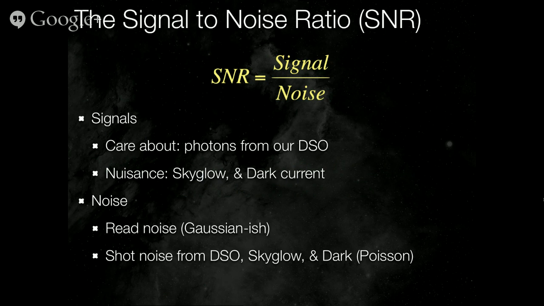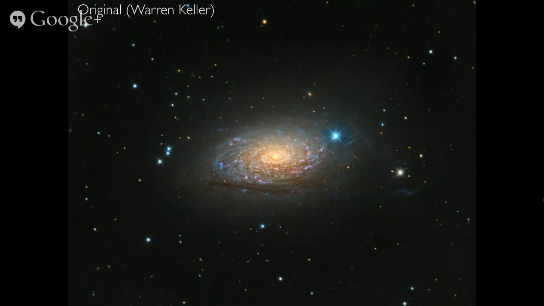Okay, so what does this look like in an image, and why should you actually care? Well, hopefully you can see on the screen now a nice image from Warren Keller that I downloaded off of his website. It's a pretty image of a nice galaxy, and I would be very happy to be able to call this my image. This has got a pretty nice high signal to noise.